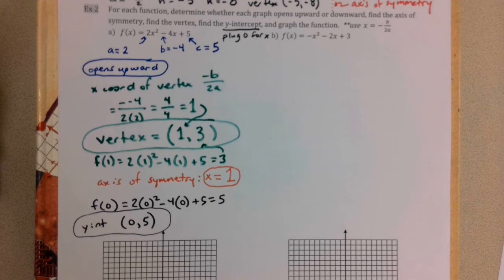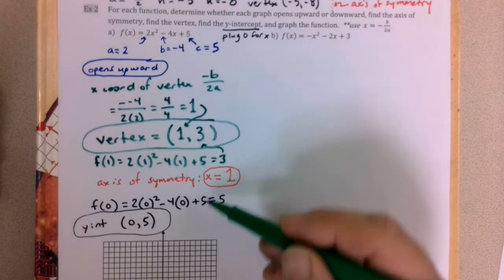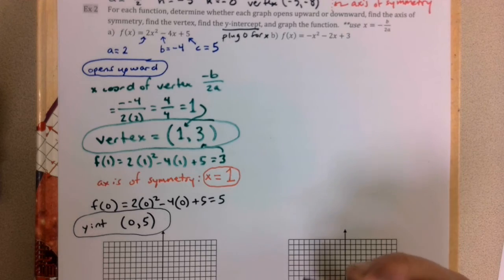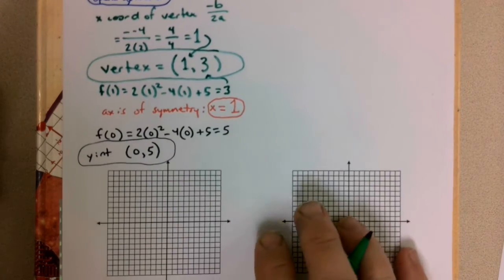All right, in the directions, we're supposed to determine if it opens upward or downward, and find the axis of symmetry. Typically, you find the vertex first, then the axis of symmetry, and the y-intercept. So we've done everything except for graph. To finish the graph, you can do this a few different ways. We know the vertex is at 1, 3, and we have a y-intercept at 0, 5. So I could put those points in.